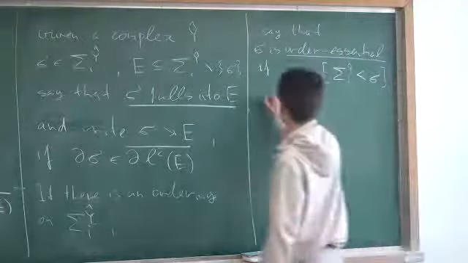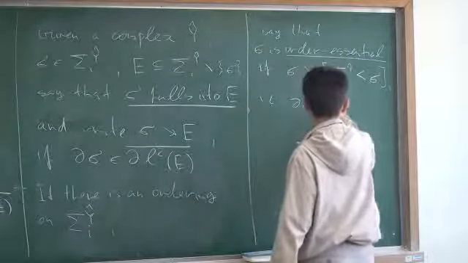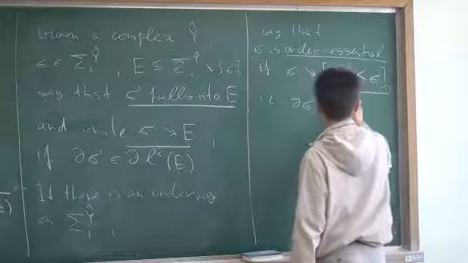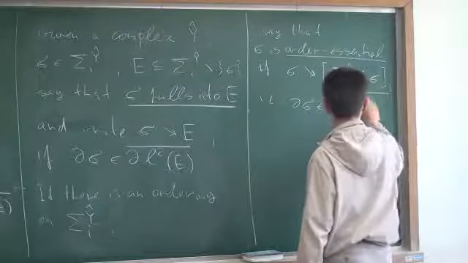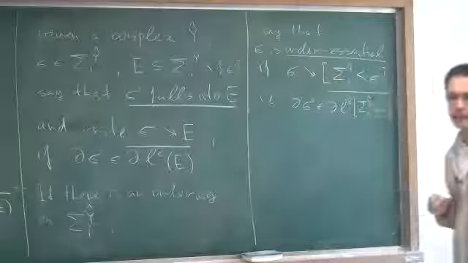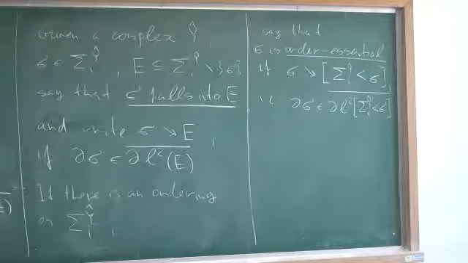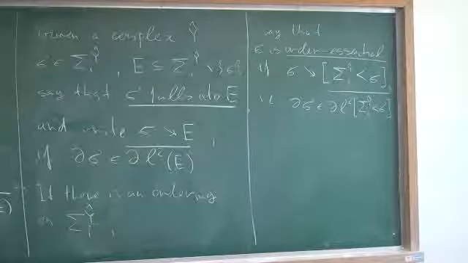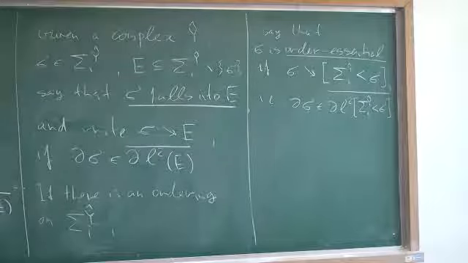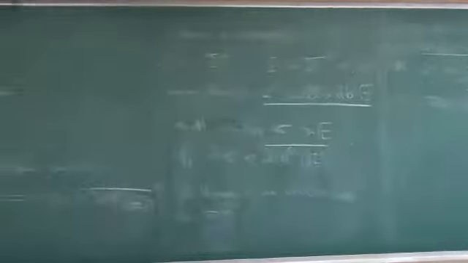So let's write it again. It means that the boundary of sigma belongs to the closure of the boundary of L2 of this set. Informally speaking, let's draw a picture for dimension 2. So sigma is like a two-dimensional cell.